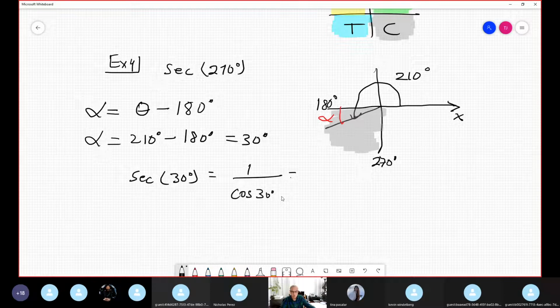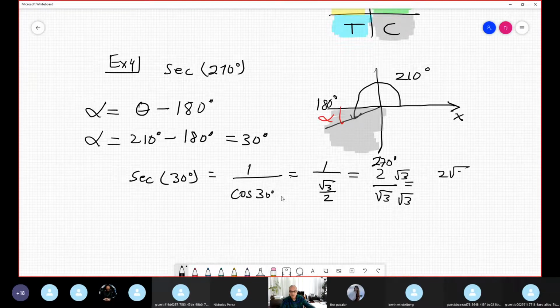And 1 over cosine is 1 over radical 3 over 2. Flip it, 2 over radical 3. Then rationalization, multiply by radical 3 over radical 3. The answer is 2 radical 3 over 3. This is secant 30 degrees.